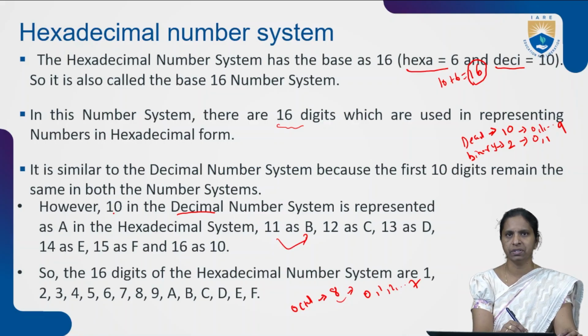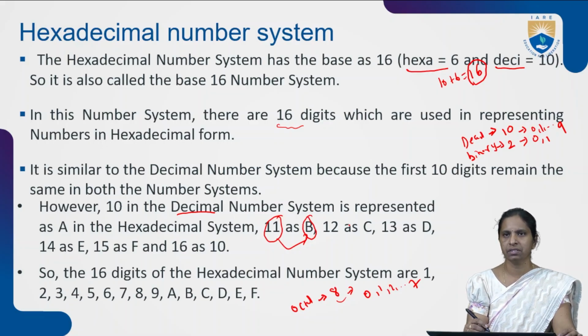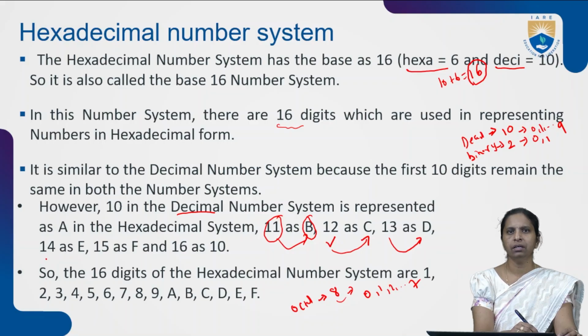The number 10 in decimal is represented as A in hexadecimal. Similarly, 11 is represented as B, 12 is denoted as C, 13 is denoted as D, 14 is represented as E, and 15 is represented as F in hexadecimal, and 16 as 10 and so on.